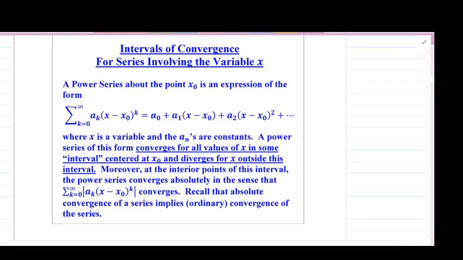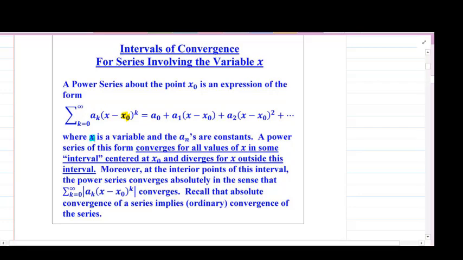Okay, so here's our power series. Hopefully you got a feel now for what we're doing. We're going to build this series around some value x naught. The variable in this problem is going to be an x.